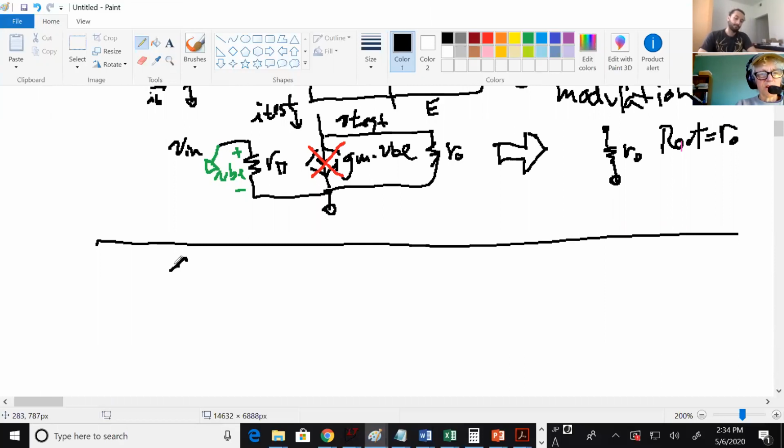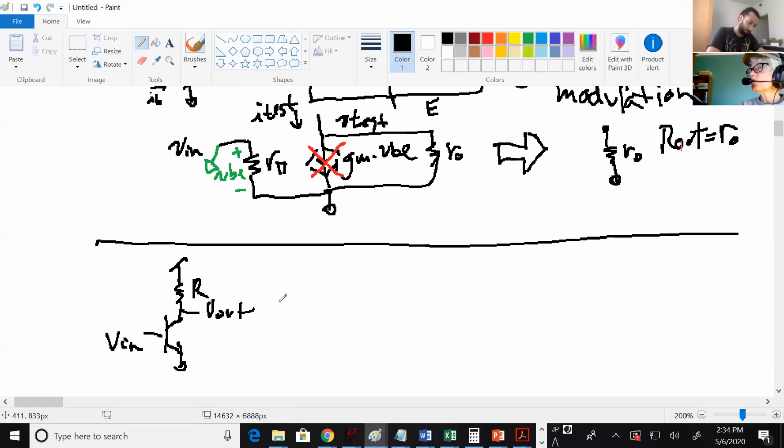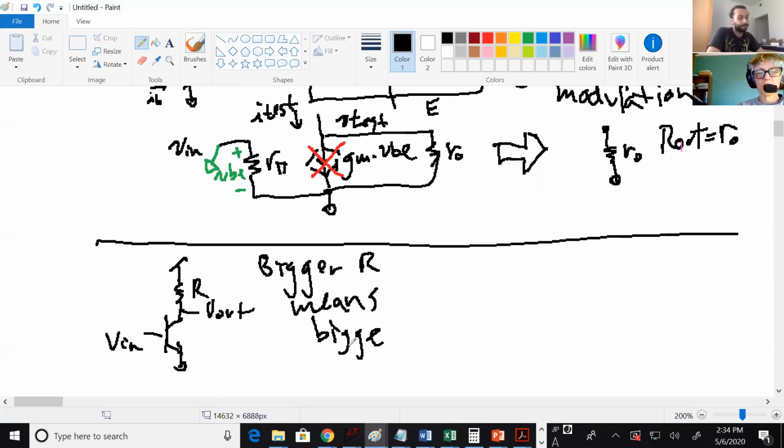So we started out with a common emitter with a passive load. And we saw that when we made R bigger, V out moves more, and when V out moves more, that increases the gain. So a bigger R means bigger gain.